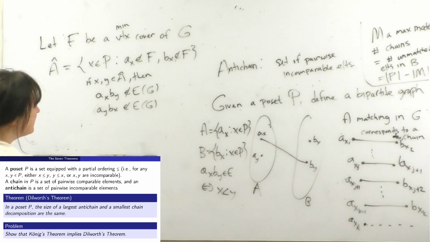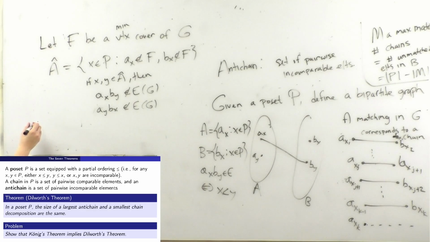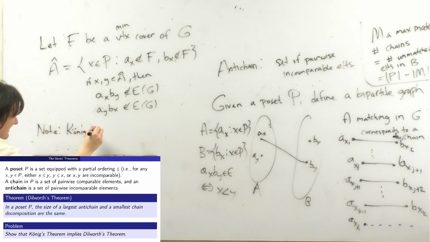And I can figure out basically how big it is. Let's actually apply Koenig's theorem. It says that the size of this min vertex cover is the same as the size of that max matching.